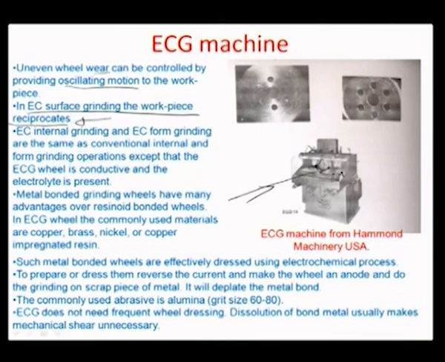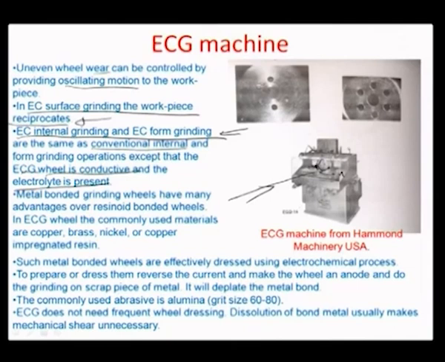So in the EC internal grinding and form grinding, the basic concept is the same as the conventional internal and form grinding operations. The only thing is that you are using a conducting ECG wheel and electrolyte. Okay, so the material removal mechanism has connotations which have already been discussed.